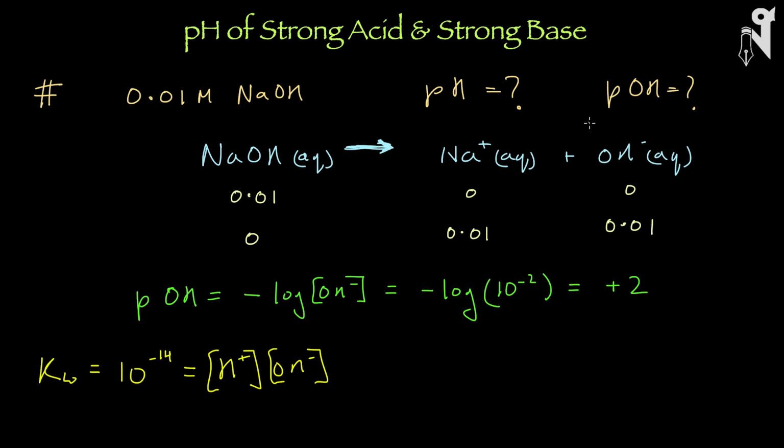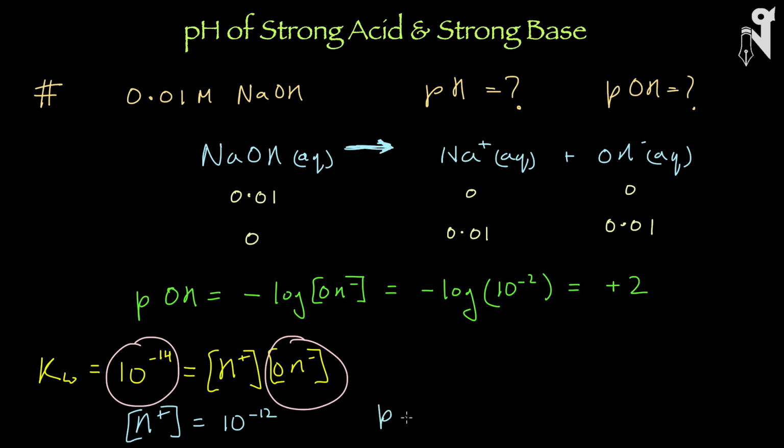You know this is a constant, so you'll get your H plus value. The H plus value is going to come as 10 power minus 14 divided by OH minus, which was 10 power minus 2, so it becomes 10 power minus 12. So if I do a pH, then it becomes 12.